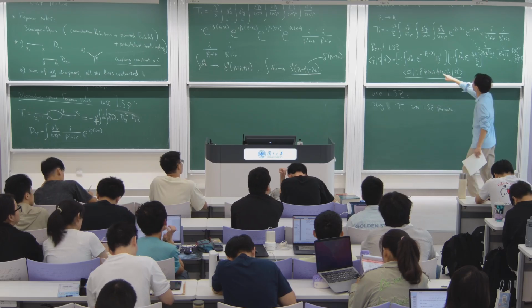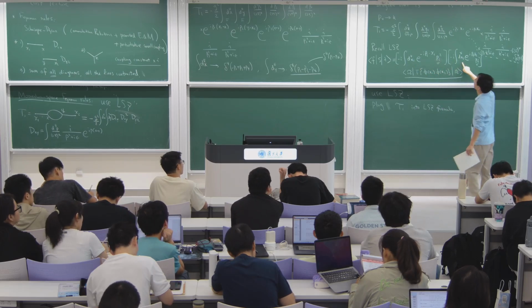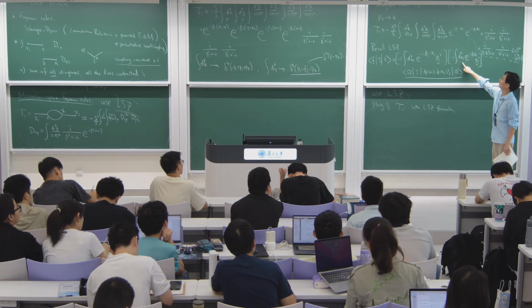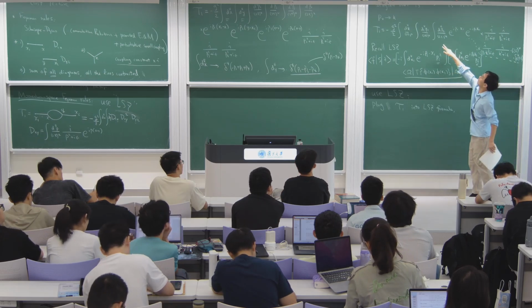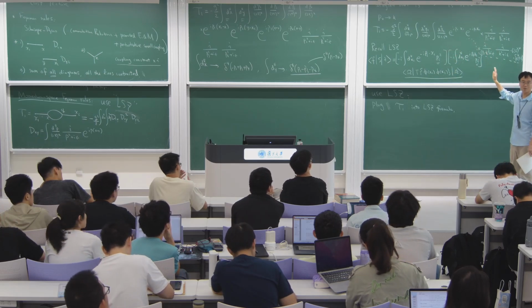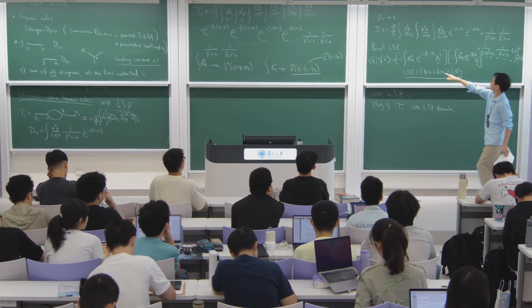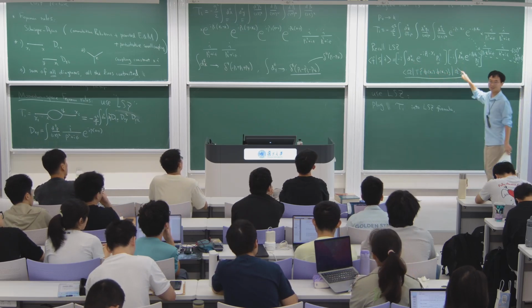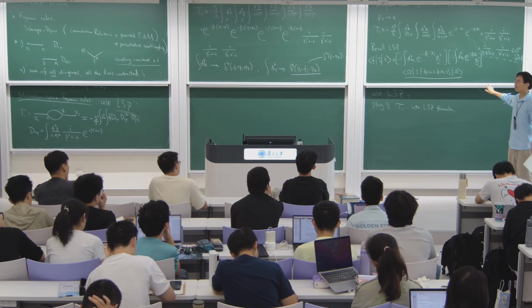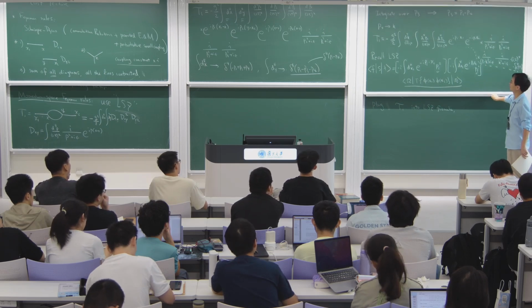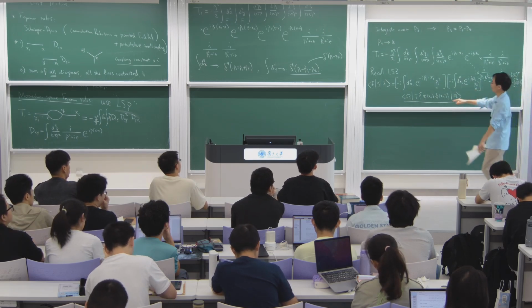Then you have the x1, x2 integral. You see, this part is basically that formula. And what do you do? You can do the x1, x2 integral first. So what do you get? Just count, again like what we did before.